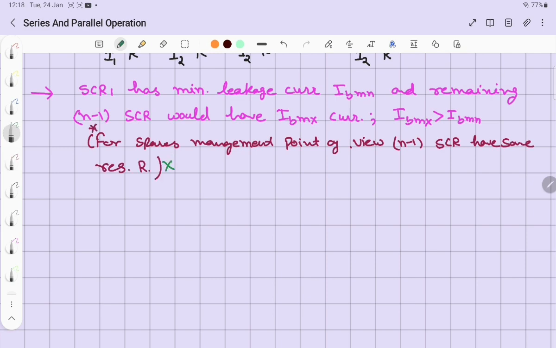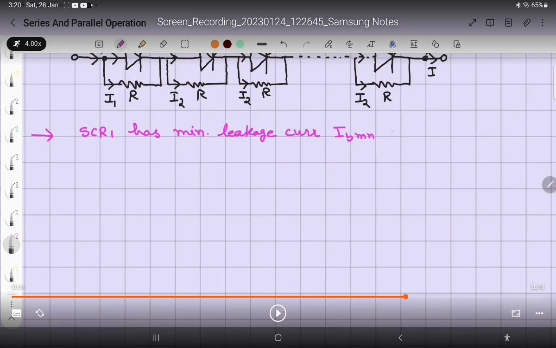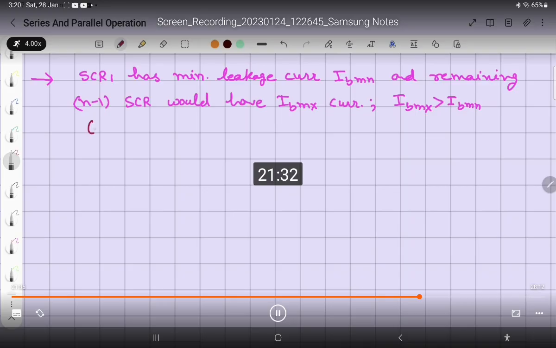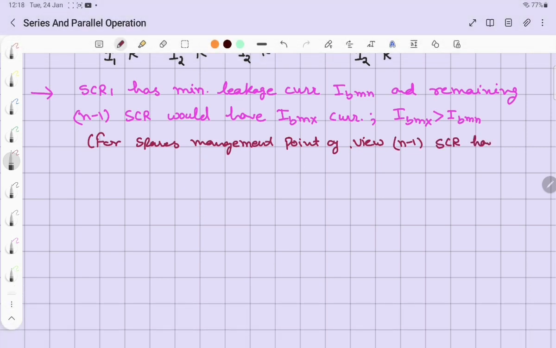Why thyristor 1 has the minimum and why the others have the maximum, you can think about clearly. So with this assumption we can derive the formula for resistance R.